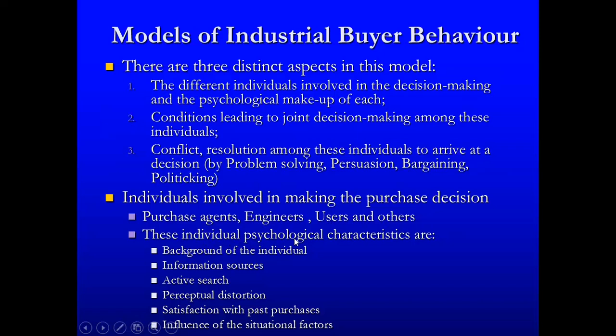The individual psychological characteristics are background of the individual, information sources, active search, perceptual distortion, satisfaction with past purchases, influence of the situational factors. These factors are important. If we know these factors, we can influence the buying of the organizational purchaser.